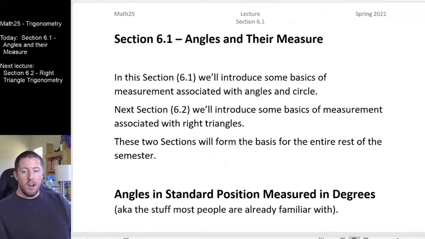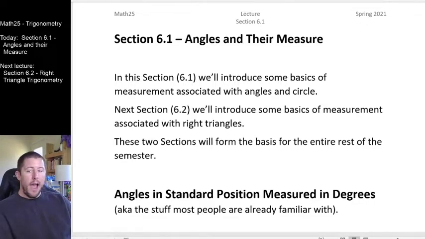These two things introduce concepts that we will use literally every single day, every single section of this class for the entire semester. So nothing too terribly difficult in 6.1 or 6.2, but you can't not know this. This is going to be our cornerstone for the entire semester. So let's go ahead and get into that.